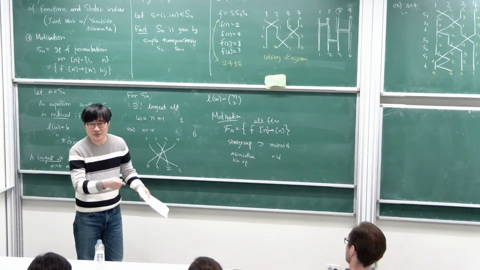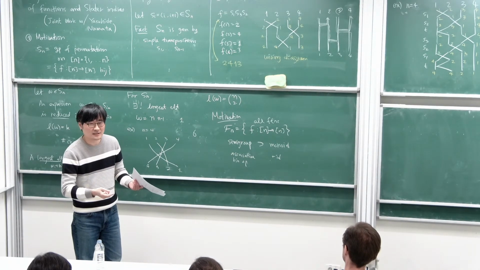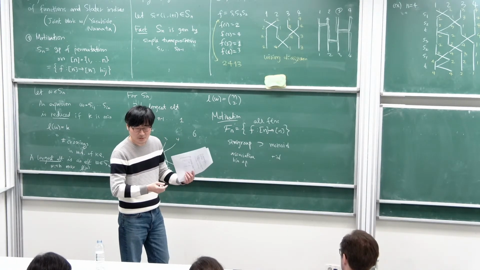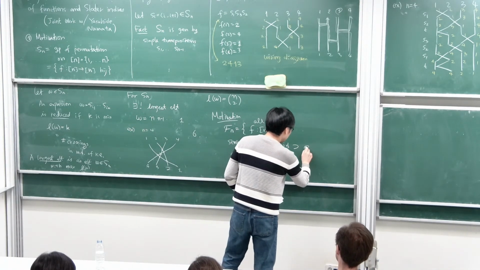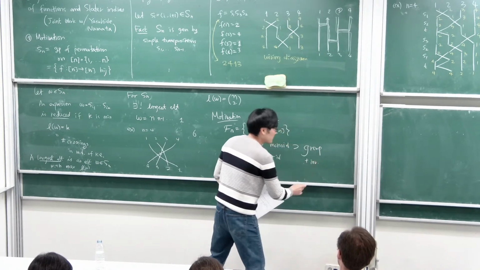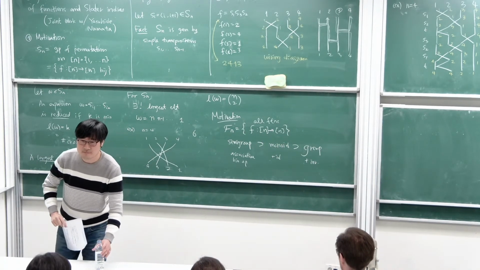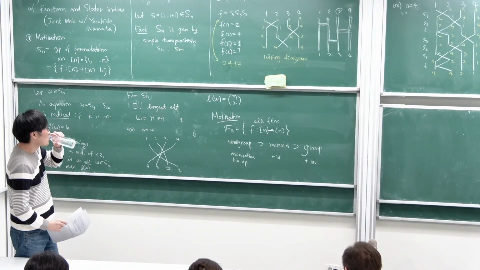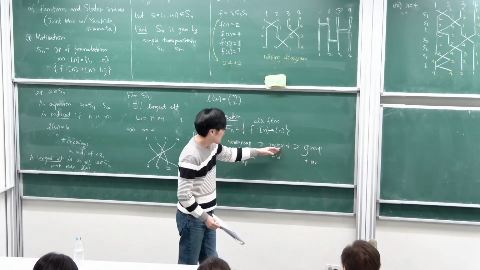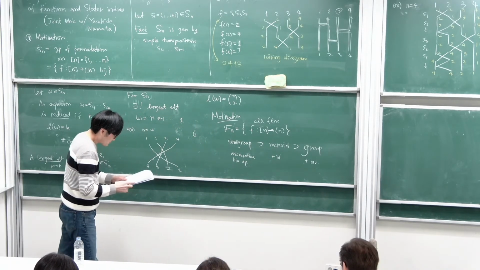We have an identity because the identity map is there, so it's a monoid. It's also a semigroup, so my previous title is also correct. And a group means plus inverses: every element must have an inverse. So for the permutation case we were here, and now we are in the monoid case.